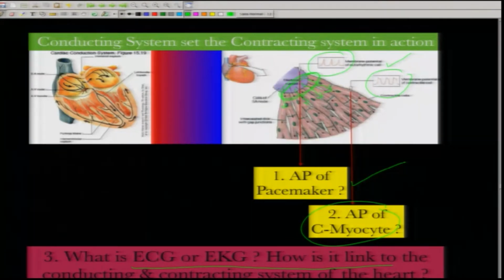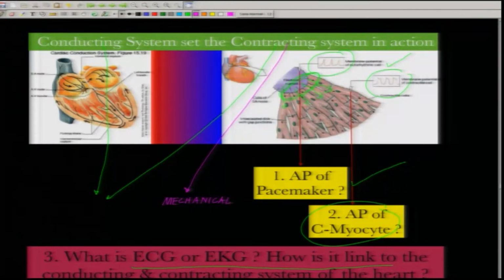Now, I introduced two things. I told you about conduction system electrical activity, contraction system electrical activity, and contraction system mechanical activity.